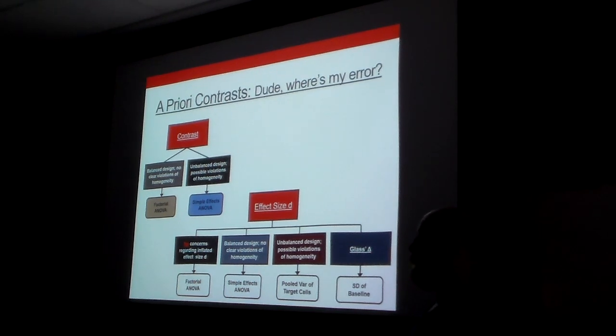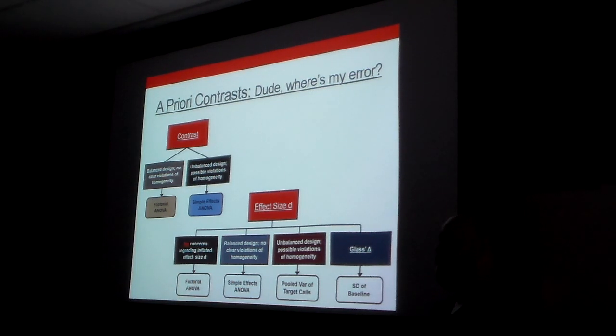Okay? All right, so thinking about how we decide on our contrast. If I want to calculate a contrast, if I have a balanced design with no clear violation of homogeneity of variance, maybe I could use the mean squared error from my factorial ANOVA, but probably not.